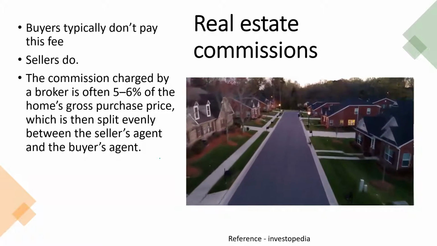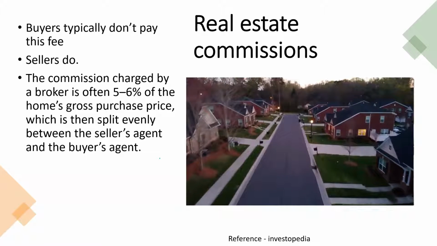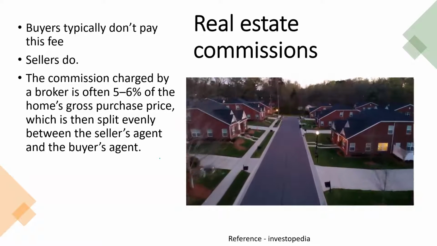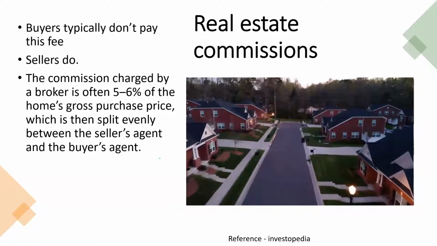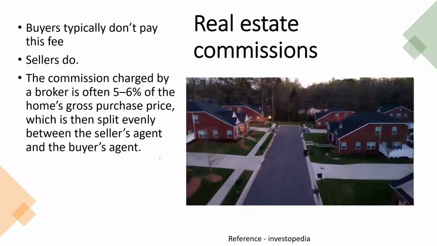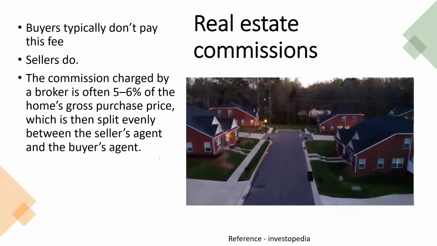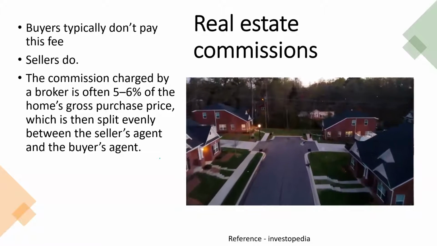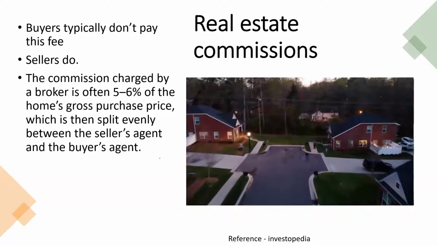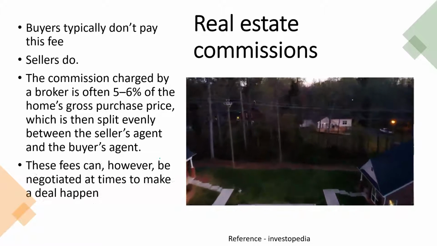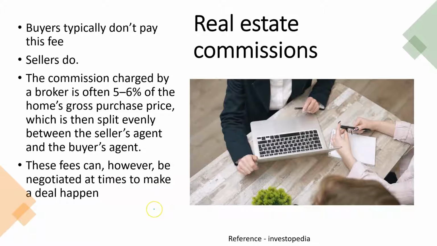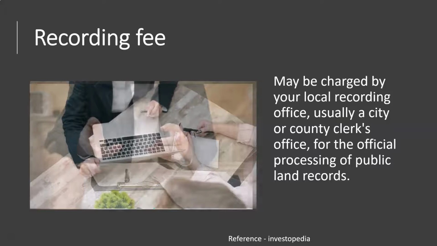And that could also help you to look elsewhere, possibly, to get third-party advice that doesn't have an agency problem, possibly paying someone like a CPA or a friend that isn't directly related to the transaction, doesn't have a vested interest in you completing the transaction, in order to do some of this comparison shopping and get a clear-minded third-party opinion about it. These fees can, however, be negotiated at times to make a deal happen.